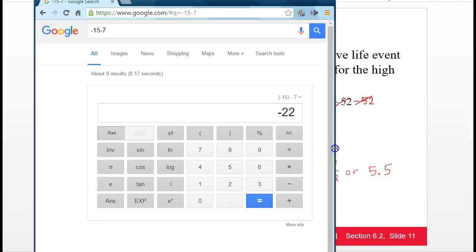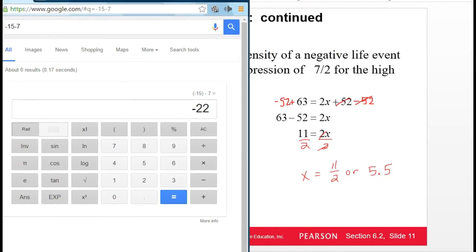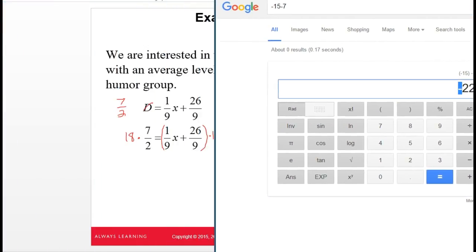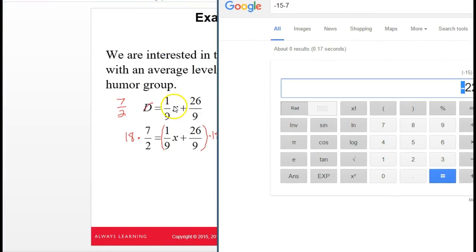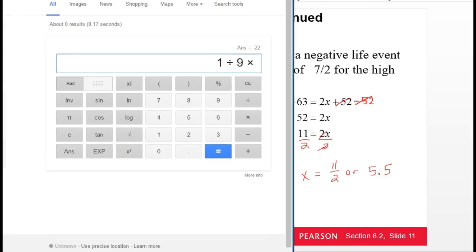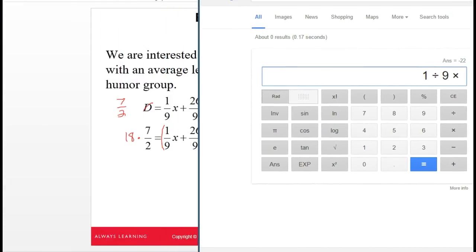All right, again, last step, check your answer, see if it's right. So again, if you don't have a scientific calculator, you can use the Google calculator. Okay, so we got 11/2 or 5.5 is our answer. So I would need to type it back in right there where that x is. So I would type in 1/9 times x, all right, and we got 5 1/2 or 11 halves.